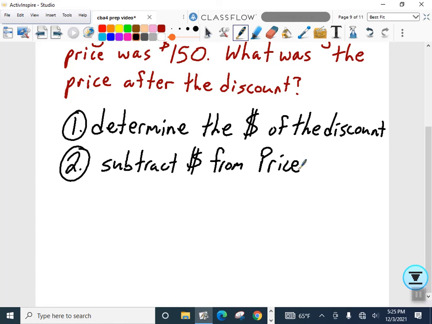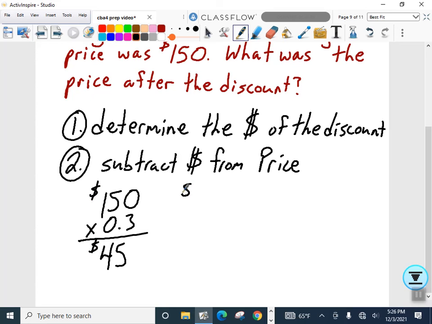So let's do that. We have $150 times 0.3, because that is the decimal equivalent of 30%. This gives us $45.